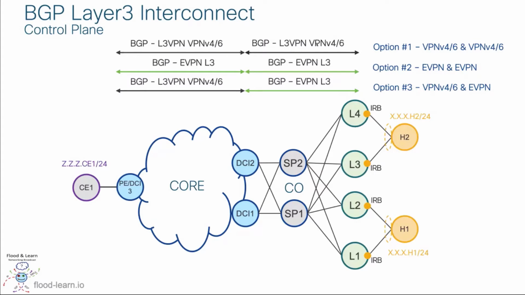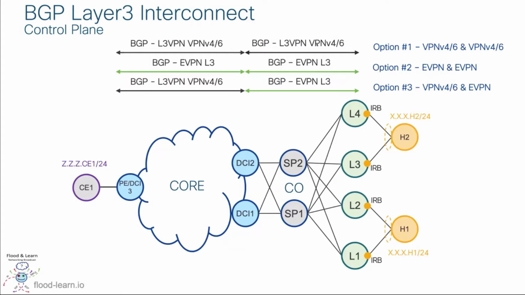Of course, I can also flip it, but at the end of the day, it will be the same use case. But most of the time, you really need to have EVPN in the CO because you are already running the EVPN for the L2 stretch between L1, L2, L3, and L4, right? So in the CO, the EVPN will be there.